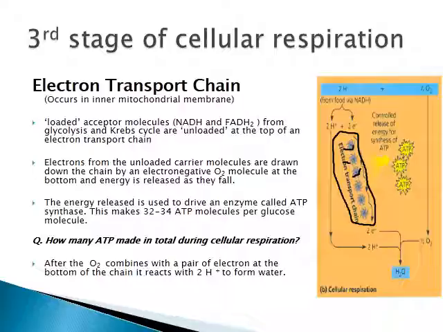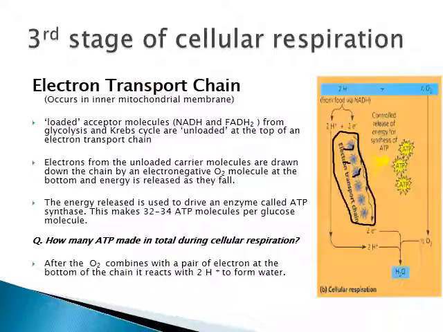The hydrogen ions would be sitting just on the inside of the inner membrane in the matrix of the mitochondria. The electrons would be delivered into the electron transport chain, which is in the inner membrane. So the electrons fall down the chain to the bottom of the chain.